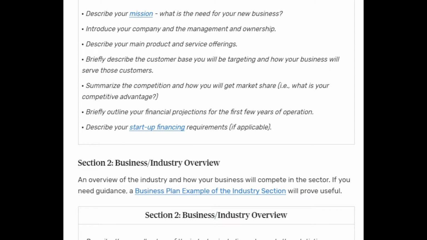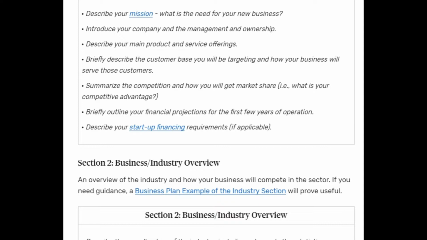Briefly outline your financial projections for the first few years of operation, because if you are pursuing a startup business, it is essential to outline your financial projections so that the lender or the financial institution can see that the prospect has a plan and a willingness to act according to the plan as described, and that the entity is willing to grow accordingly.